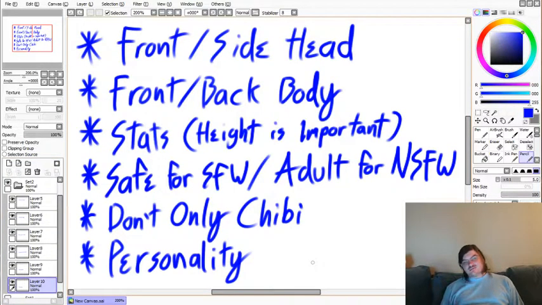I do not mean the like and dislike area, because like and dislike has always seemed a little unnecessary to me. You have already made your request of what you want. Adding likes and dislikes doesn't really make a difference to me because I'm just going to draw what you asked for, and that's that.